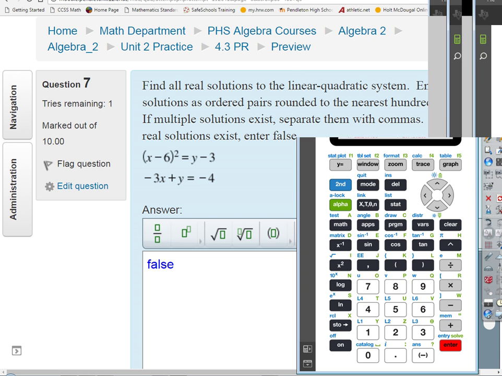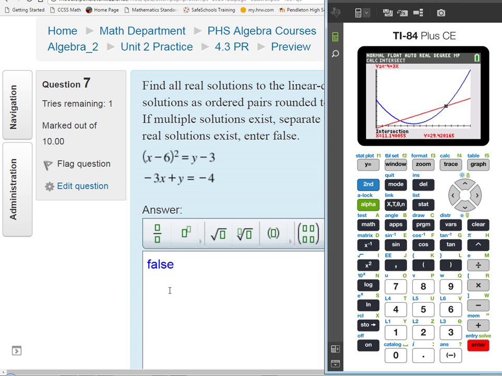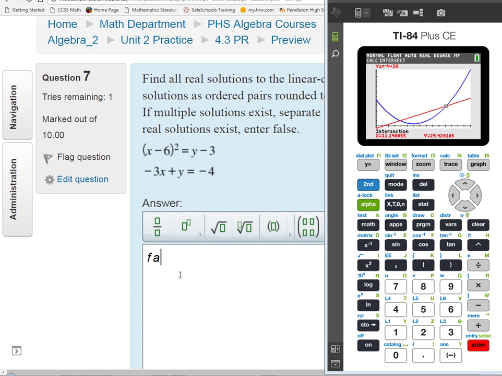It tells me to round to the nearest hundredth. So for one solution, I get 11.14 as my x value, and the y value is 29.42.